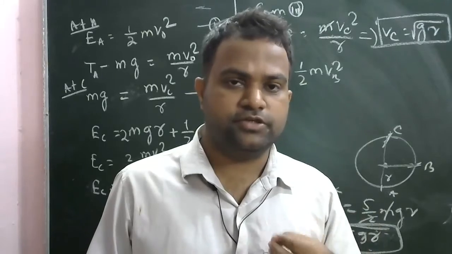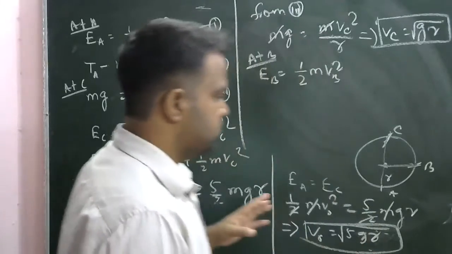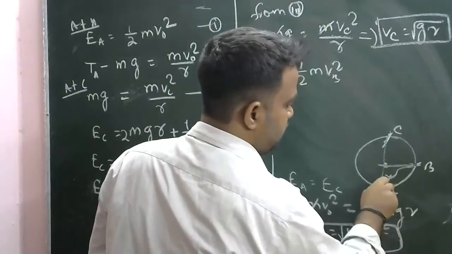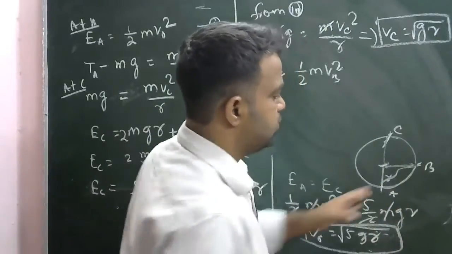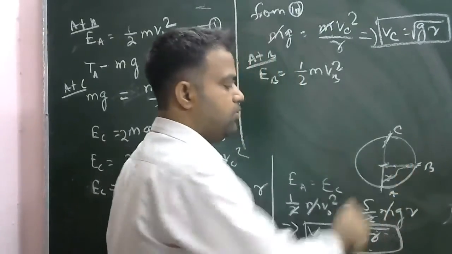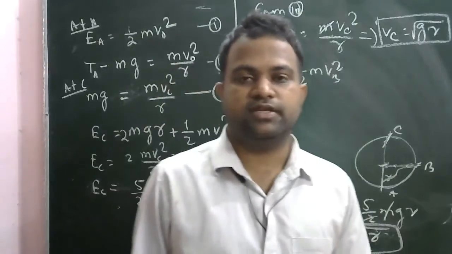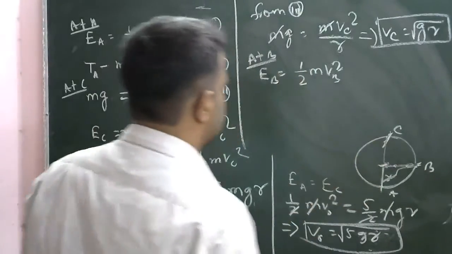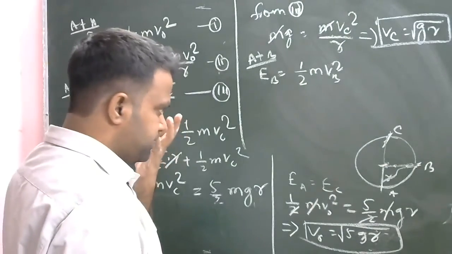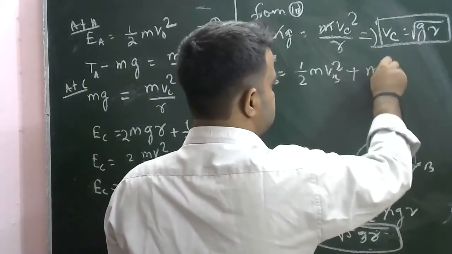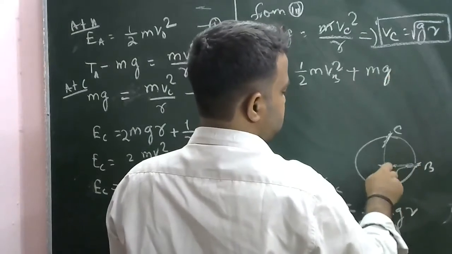It doesn't matter whether you move from here to here, or straight. In all the positions, the potential energy is constant. So the potential energy will be mg R.